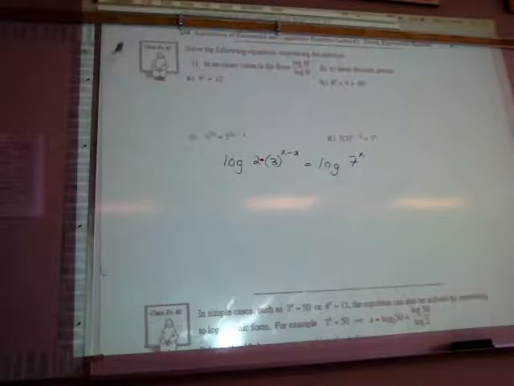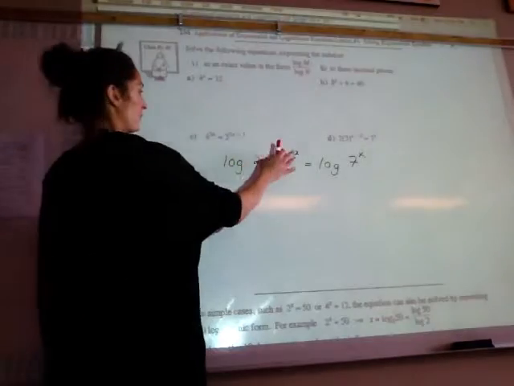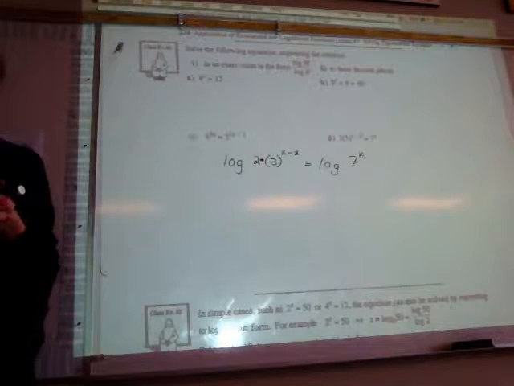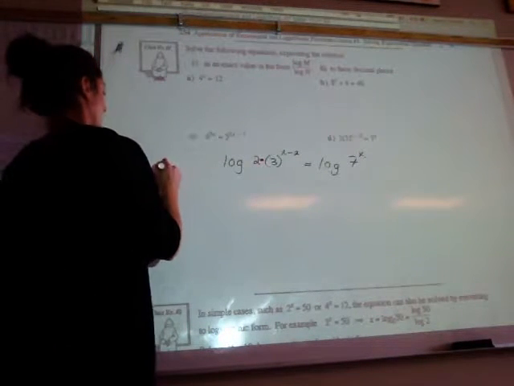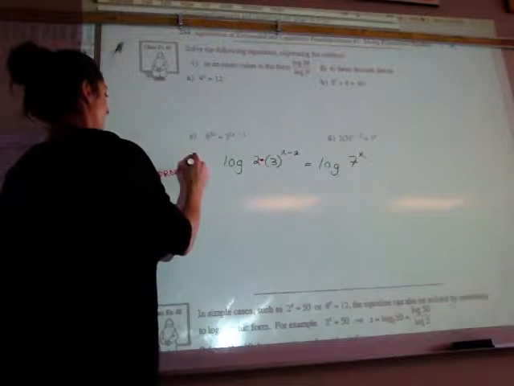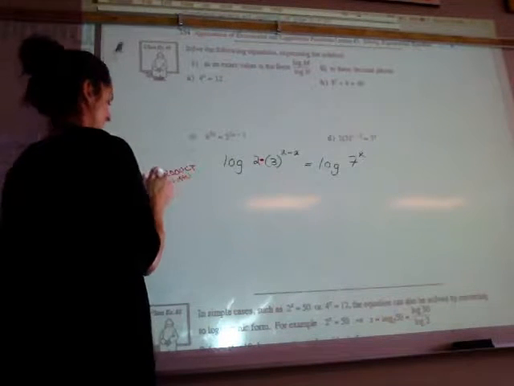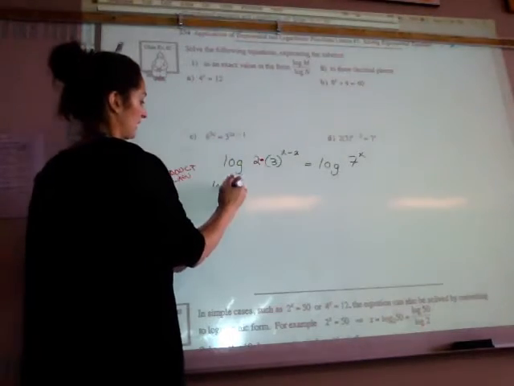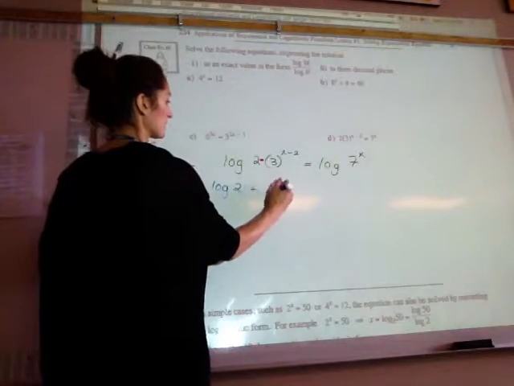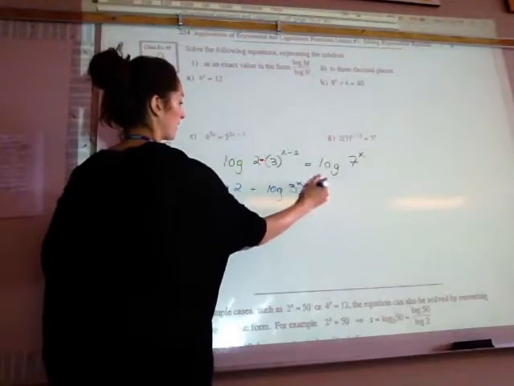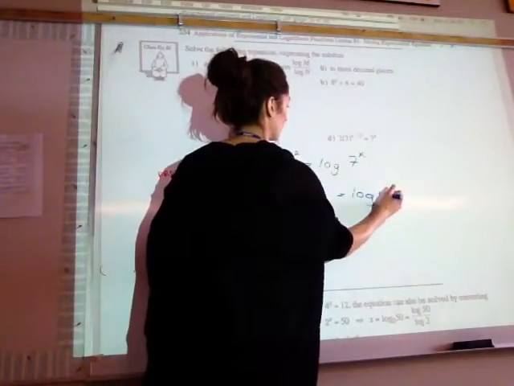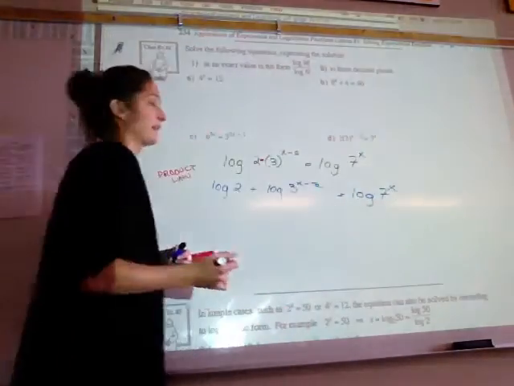So before I apply the exponent in the power law, I can break it up using the product law. Once I apply the product law, I get log 2 plus log 3 to the power of x minus 2, and that equals log of the argument 7 to the power of x.